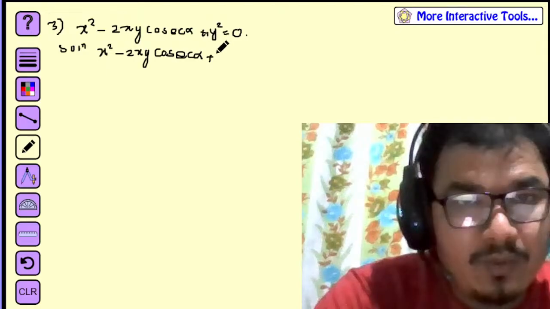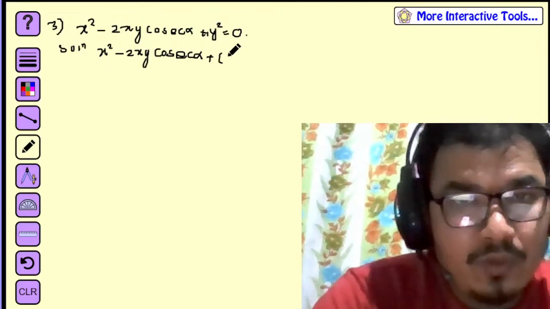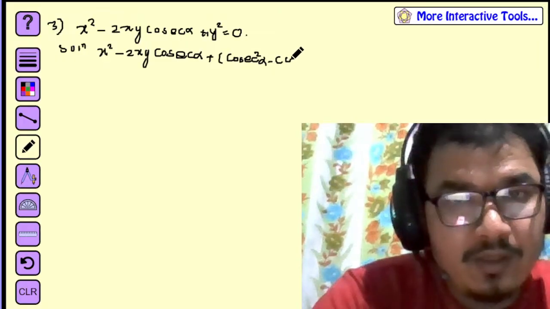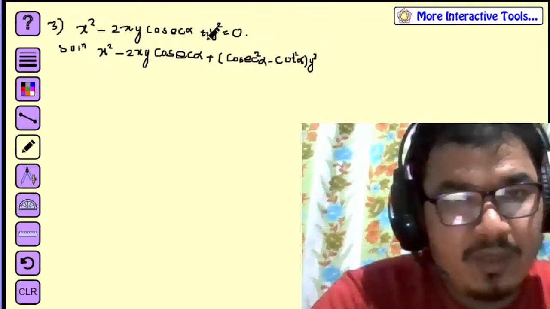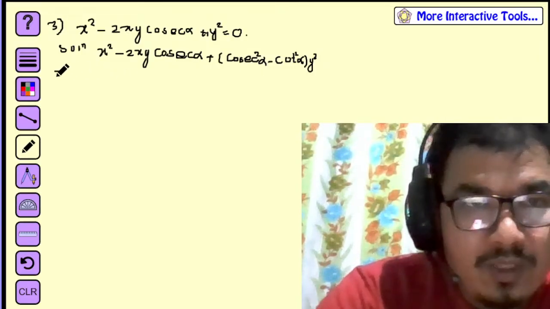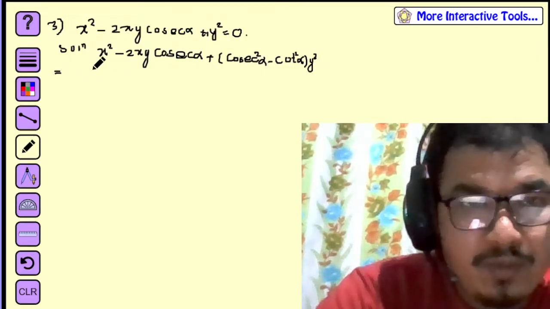That's why in place of 1 we use cosec square alpha minus cot square alpha, because that means 1, and there is y square. In front of y square there is 1. We used the Pythagoras relation of trigonometric functions.